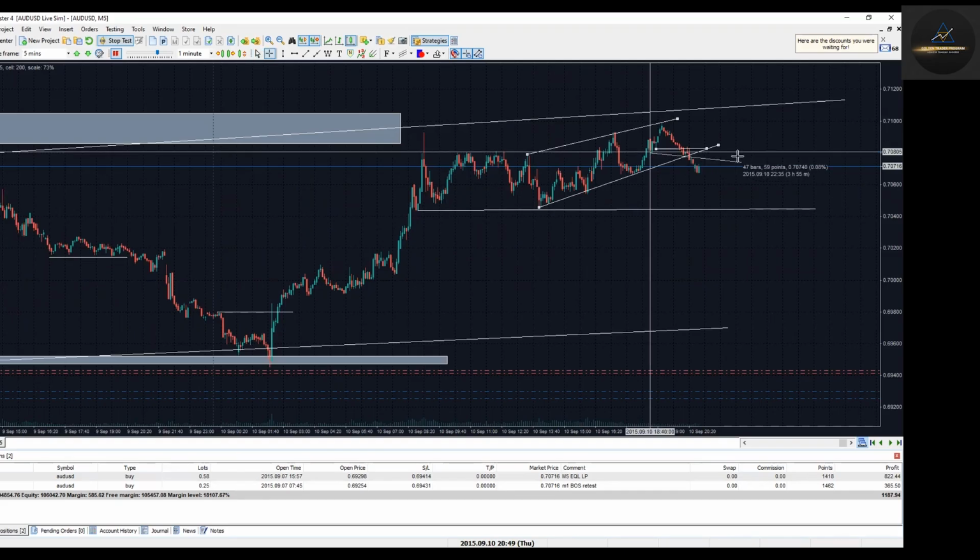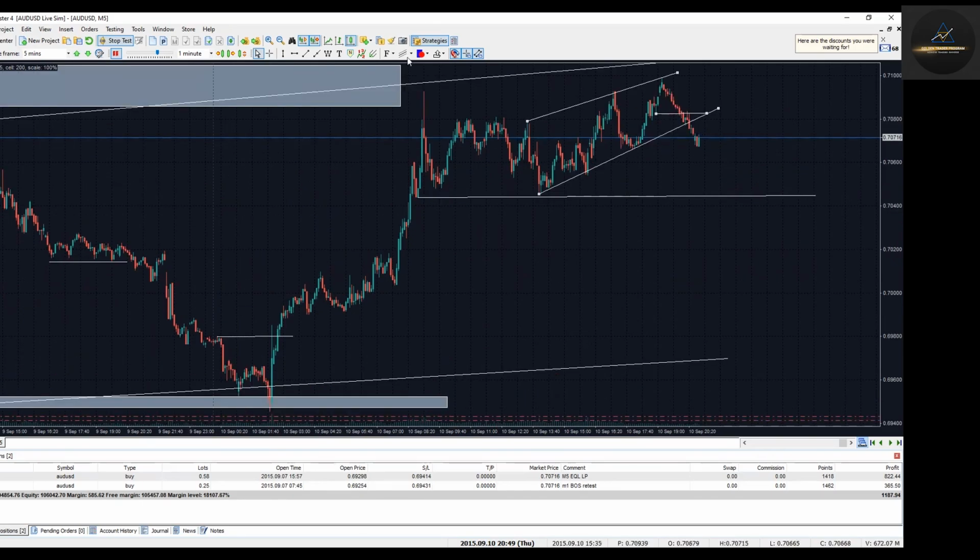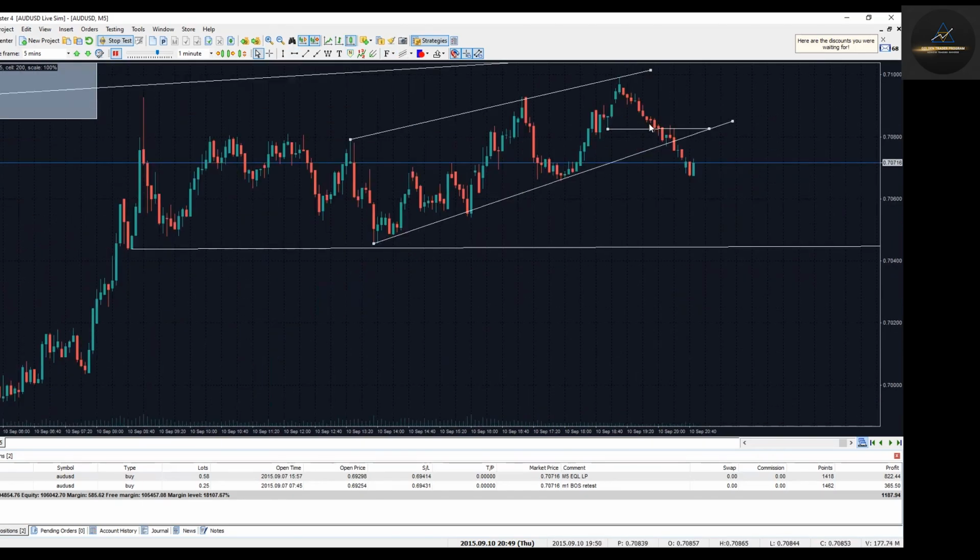It's also an M5 breaker structure. That's almost going to be another breaker structure here. But there isn't really a clear, let me see. Potentially this imbalance here, we might get an entry, but I would much prefer this one up here.